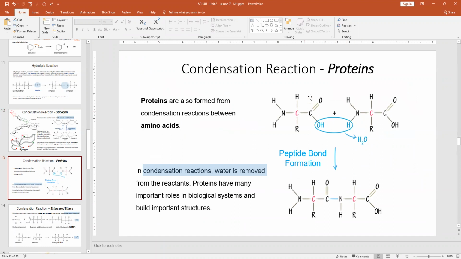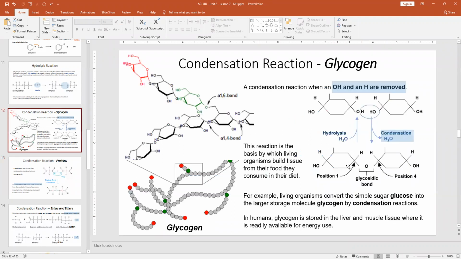In this case, where you're joining two amino acids through the removal of water, the bond formed is known as the peptide bond, whereas in glycogen it was the glycosidic bond. But they both take place through a condensation reaction where a water molecule, one H and an OH from each one of these, is removed.